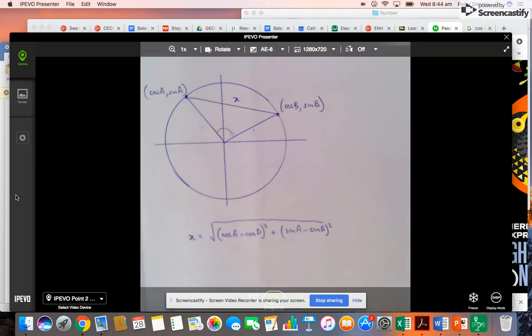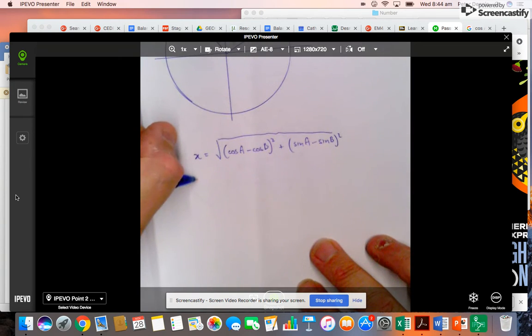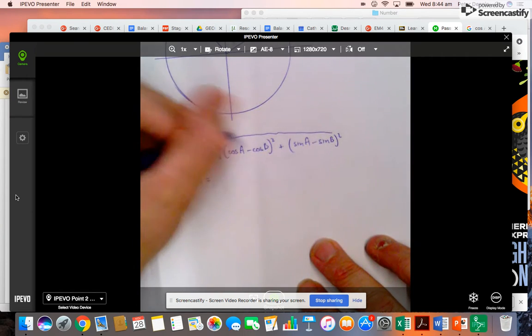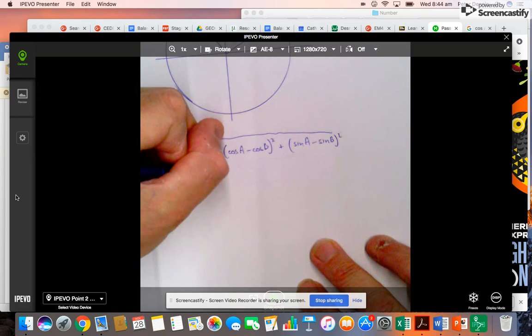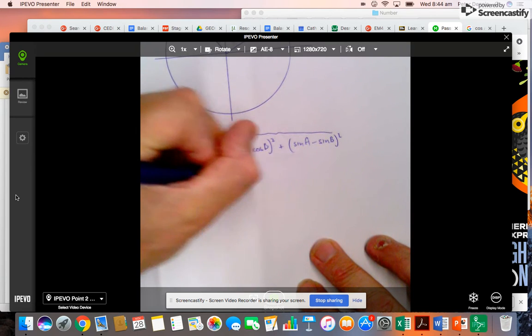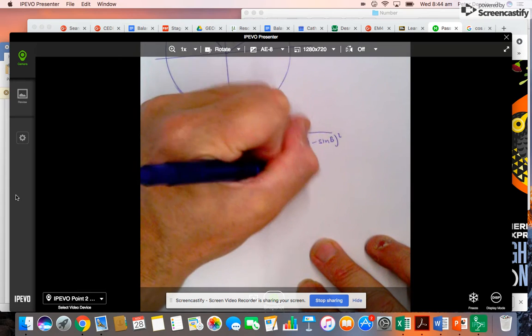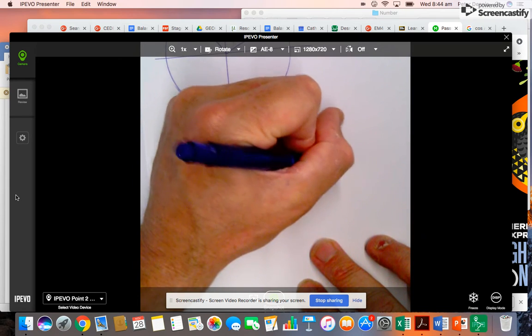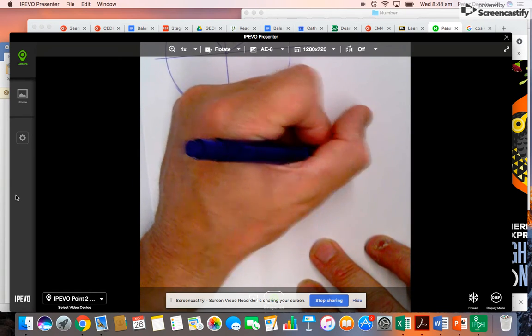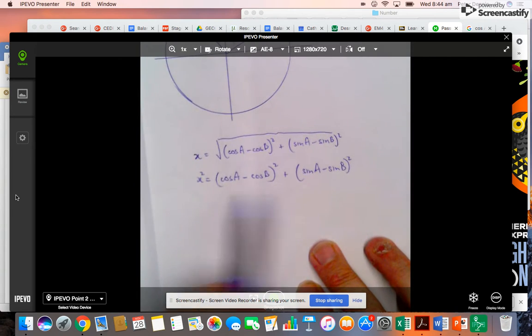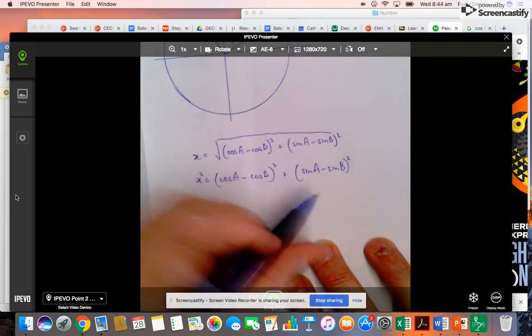And we're going to try to simplify this as much as possible and get something that we can work with. So x squared, squaring both sides because I don't like the square root sign, equals cos A minus cos B all squared plus sine A minus sine B all squared. And the next obvious step here is to expand these brackets.